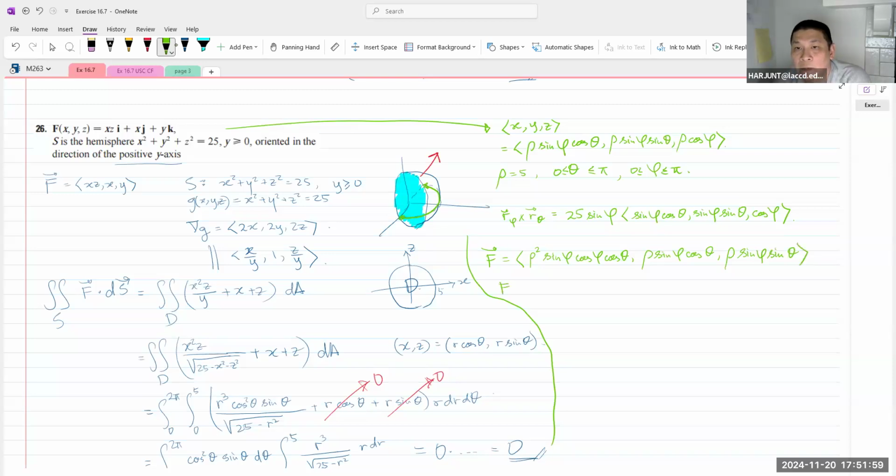Now F dot r sub phi cross r sub theta, that will be a long one. Oh, I can change the rho becomes 5. So this is 25 here, 5, and then 5.